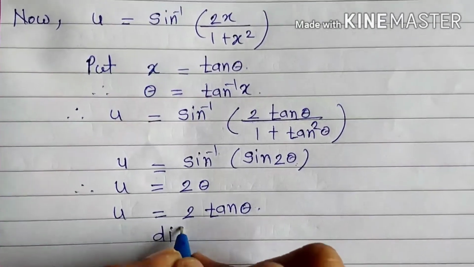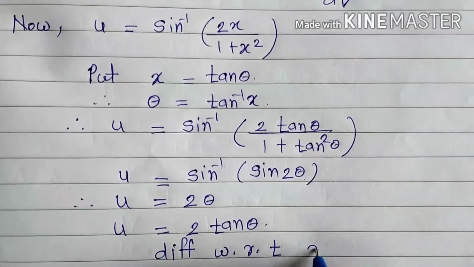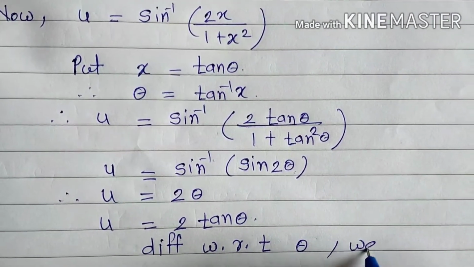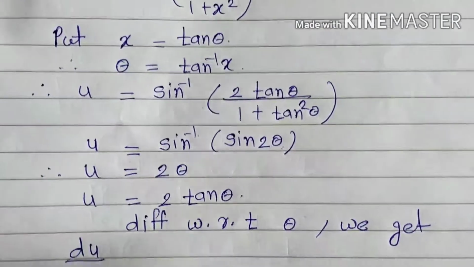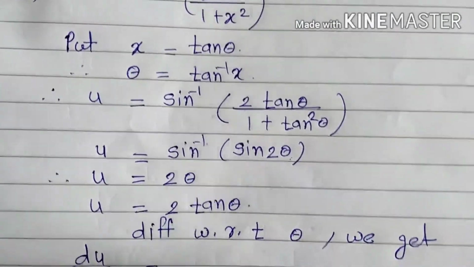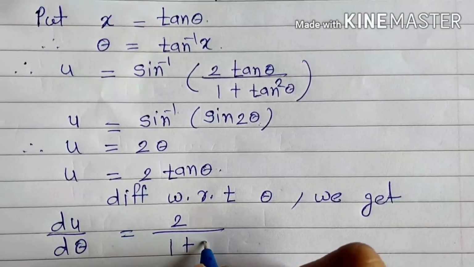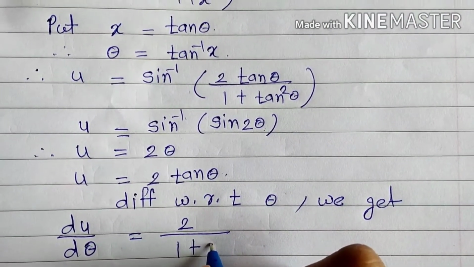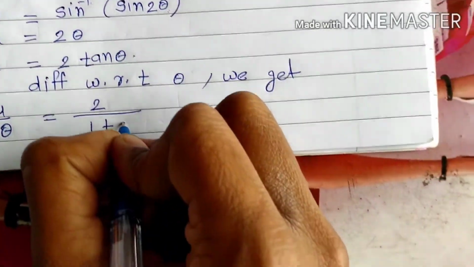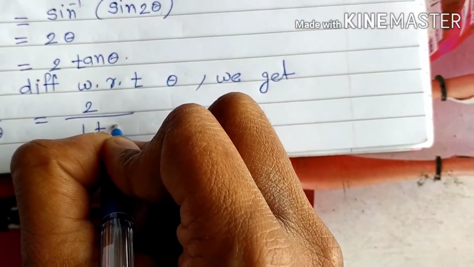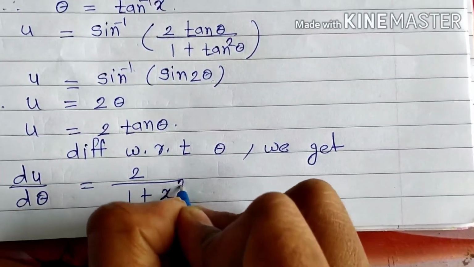Differentiate with respect to x. We get du by dx is equal to 2 upon 1 plus x square.